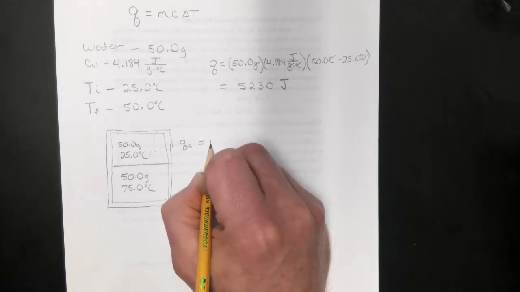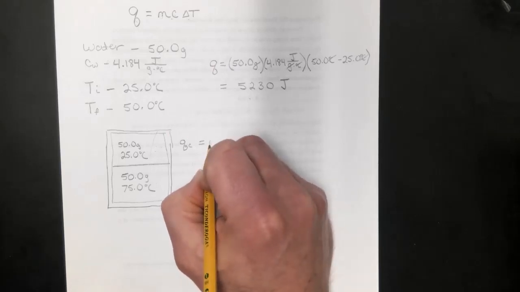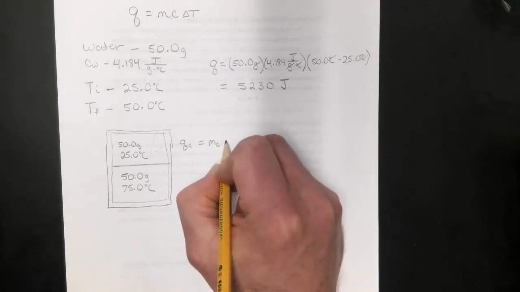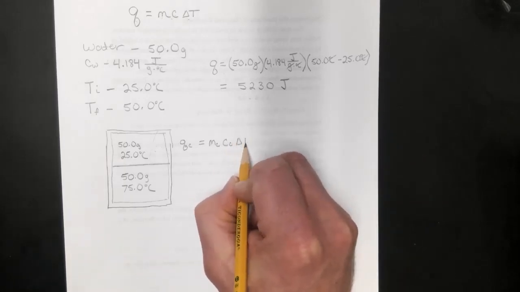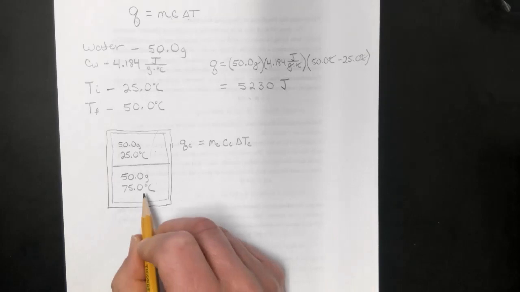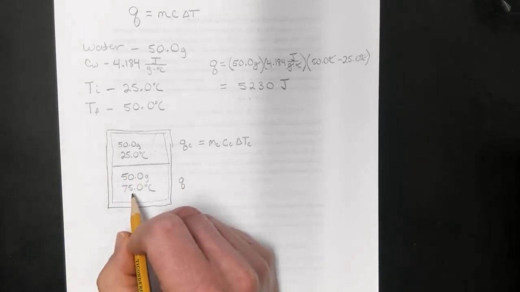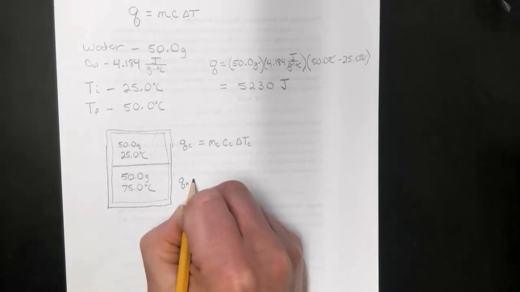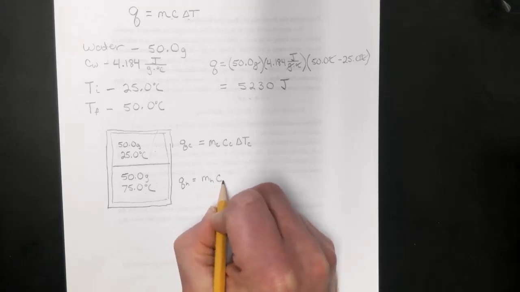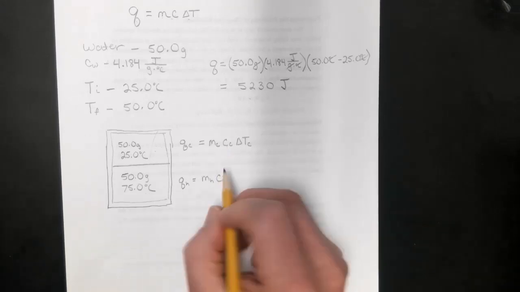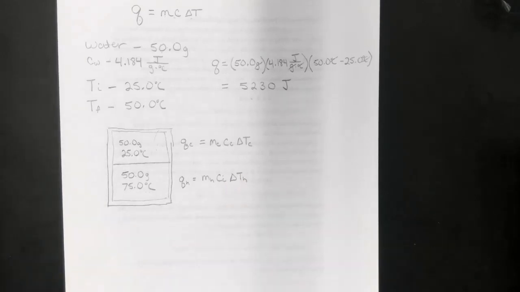That's going to equal the mass of the cold water, times the specific heat of the cold water, times delta T of the cold water. And the heat associated with this sample of water cooling is going to be the mass of the hot water, times the specific heat of the hot water, which is the same as the cold water, times the delta T of the hot water.